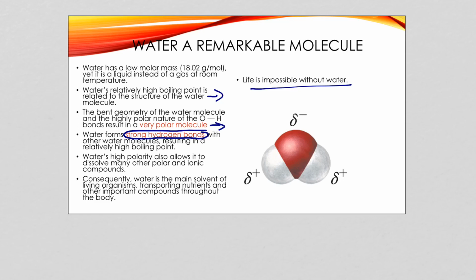As a result, water, often called the universal solvent, is the main solvent of living organisms. So we've evolved to be water-based creatures. Carbon-based, but water is the solvent that our bodies use and all living organisms use for transporting things around the organisms.